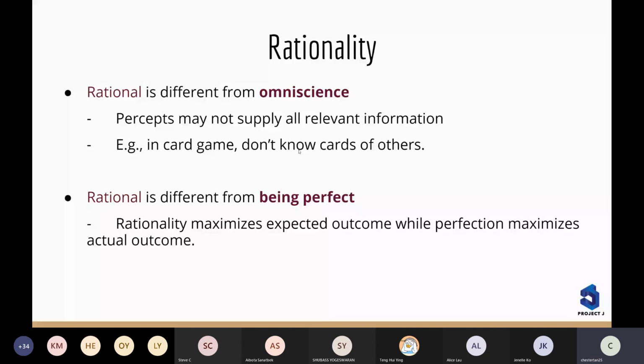And also rational is different from being perfect because rationality only maximizes the expected outcome given the percept sequence, while perfection means that you know everything and then you maximize the actual outcome. So that is different, because you cannot achieve perfection for the agent. It's not possible.